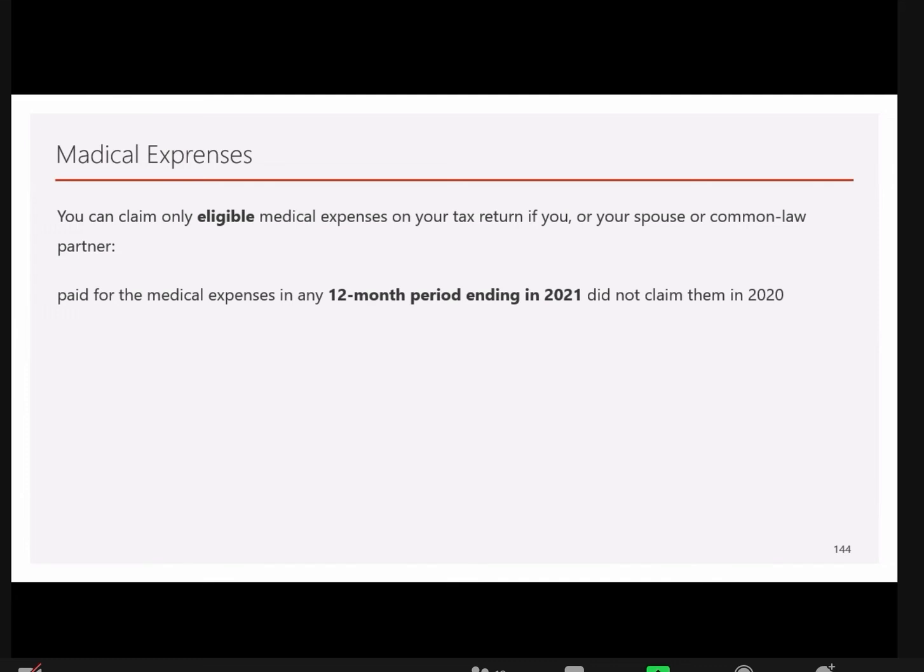The earliest one. You understand? Because we have a 12-month period. So the earliest one is from February 2020 to January 2021.